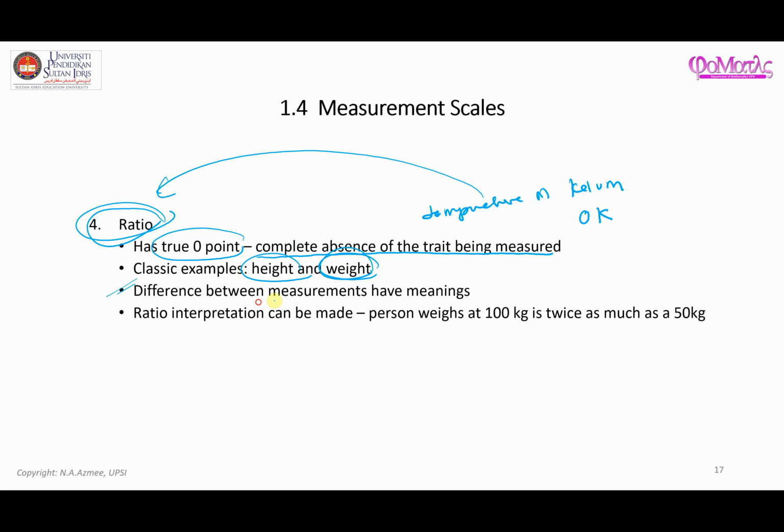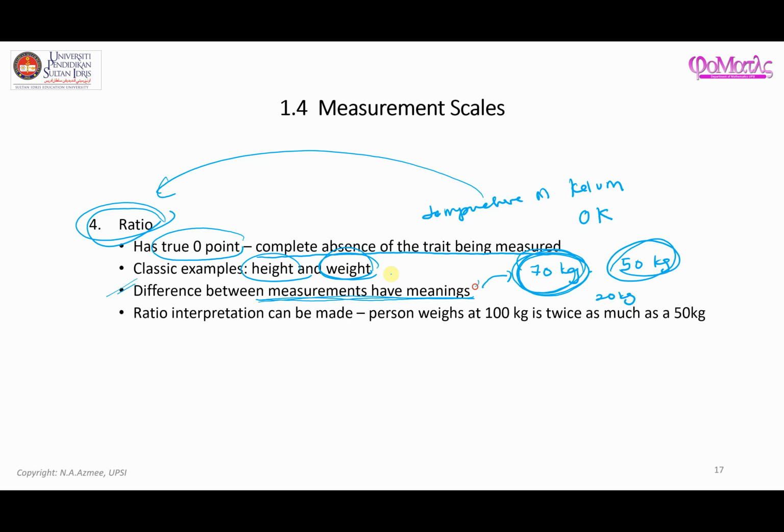The differences between measurements have meanings. What it means is, let's say we have a person that is 70 kilogram and another person that is 50 kilogram. Therefore, the person with a weight of 70 kilogram is definitely 20 kilogram heavier than the person at 50 kilogram.